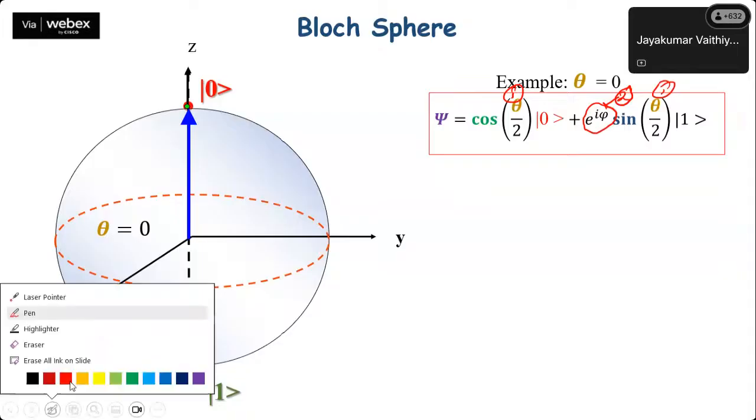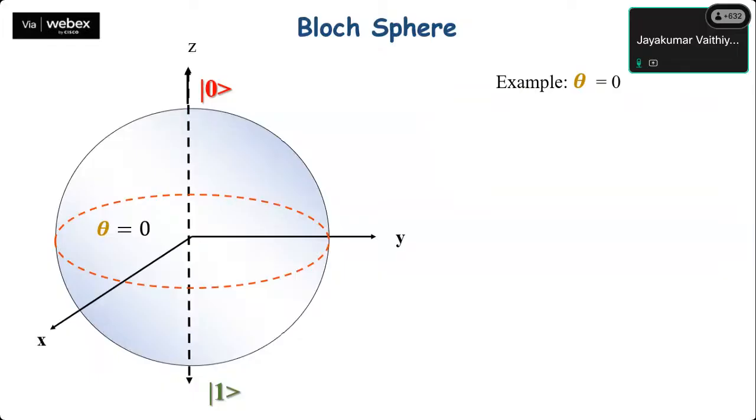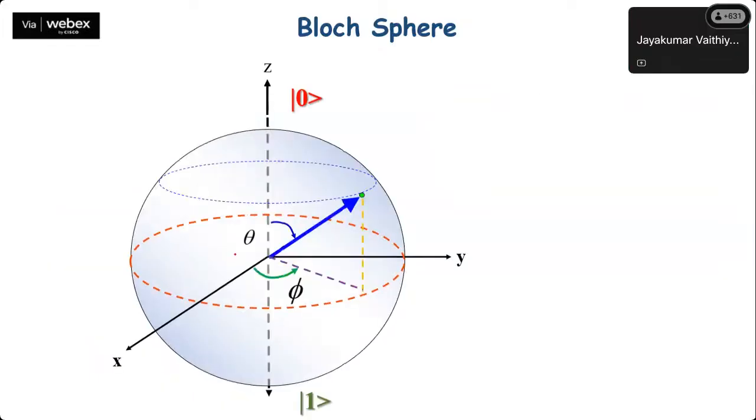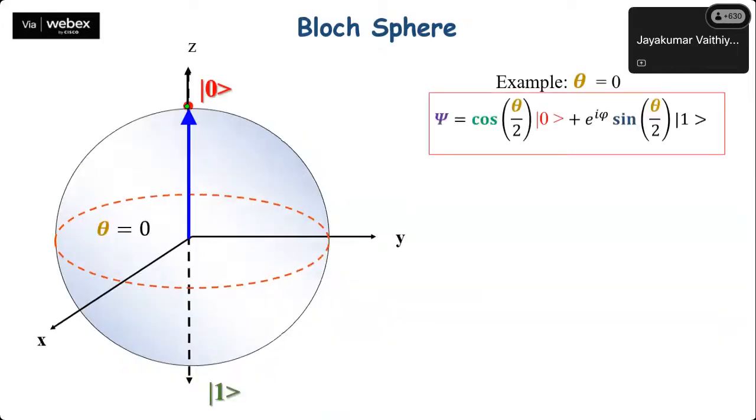So two angles we generated, right? Recall the previous slide. What is the meaning of theta? This is the angle between your z-axis and the quantum state vector. Suppose theta equals 0 degrees, what happens? It will point to the north pole.